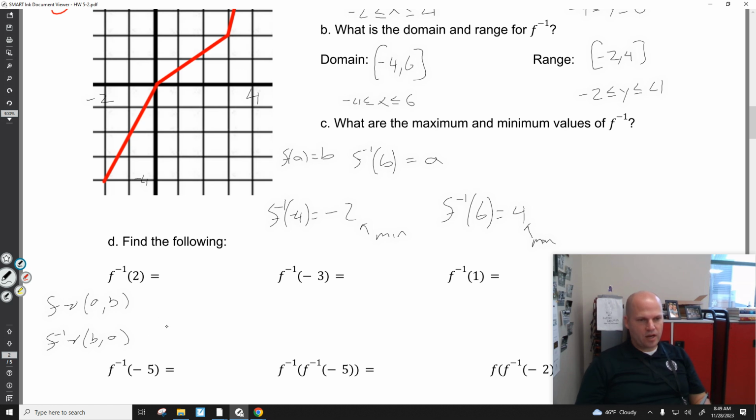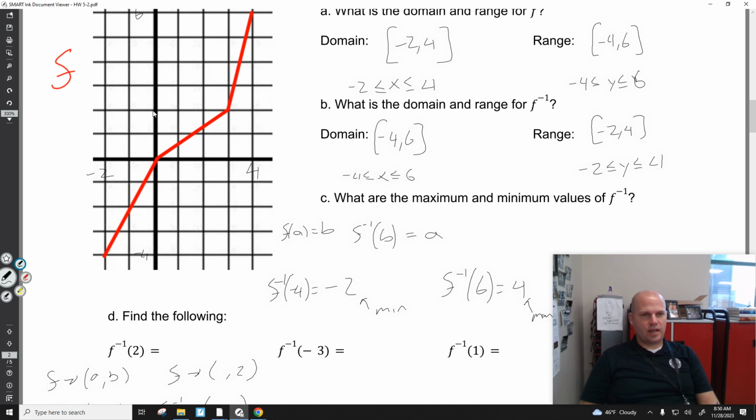So I'm trying to find F inverse of 2. That's when B is 2, like when you're inputting 2 into the inverse. Well, that corresponds to F's output being 2. So to find F inverse of 2, I need to find the input of F that outputs 2.